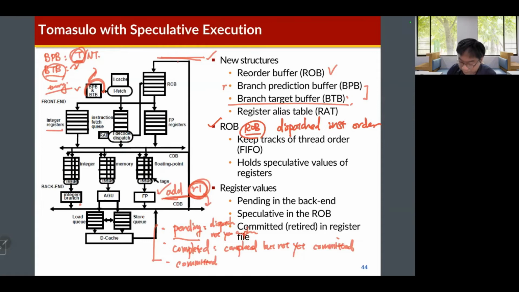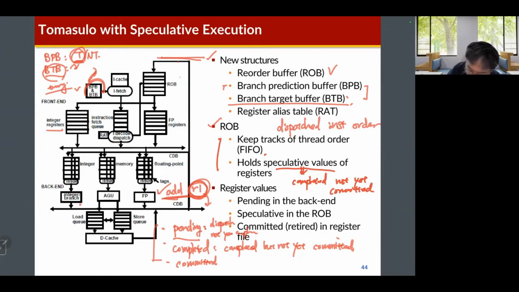These are the main features of the ROB. The ROB is just a FIFO, a first in, first out structure. The ROB also holds the speculative value. Speculative value means that it's completed, but not yet committed.